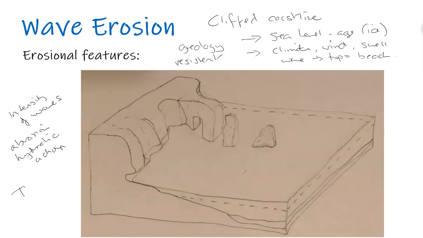And obviously time, which is how long this process is going on for. The longer it is, the more it's going to wear down, weather, and erode. So time is a huge important factor, which links up to tectonics and how long that coastline would be there at a certain elevation, and obviously the sea level, which again comes back to the ice ages.